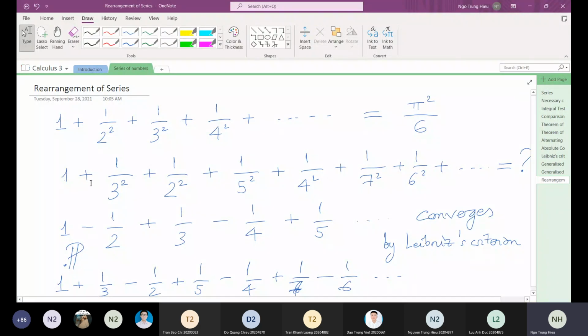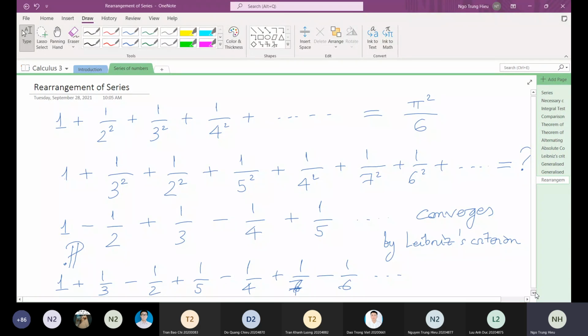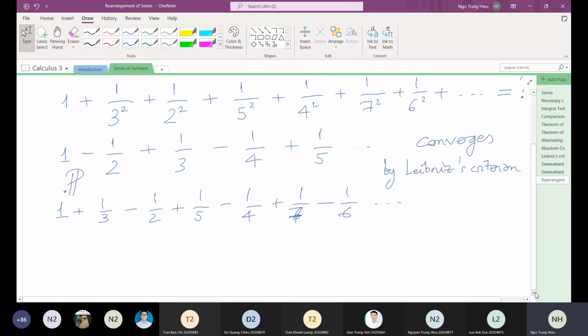So there's a theorem of Dirichlet. This is called rearrangement. We are rearranging the terms of the series. Rearrangement of the series.